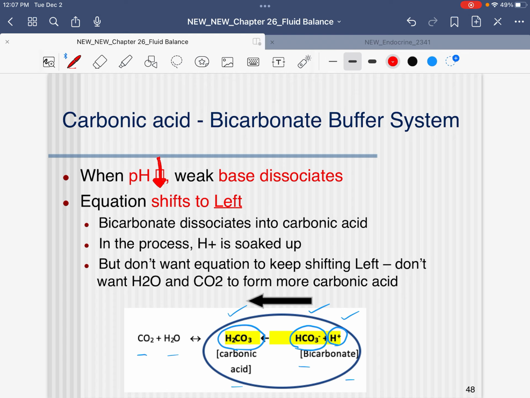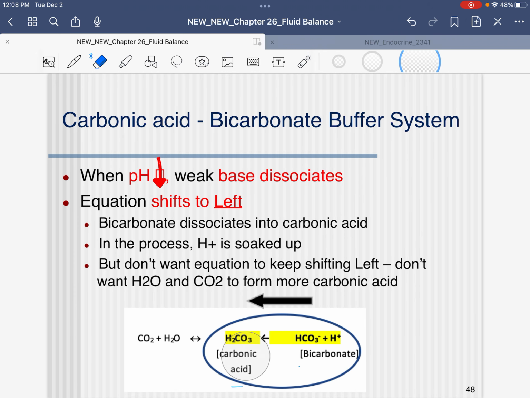We start to burn fat and we produce ketones. There's so many things that can make our blood acidic. If you hold your breath, we have a buildup of CO2. That could make your blood acidic. So even if you're not actually exercising, even if you don't realize it, there's constantly things that are added to your blood that could make it acidic. So we have to be able to counteract that.